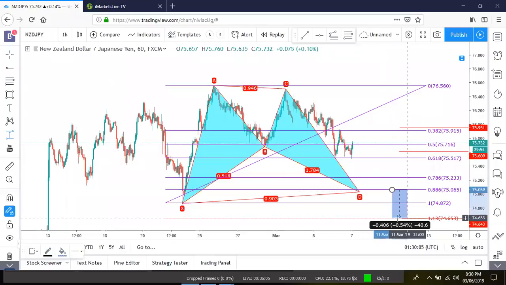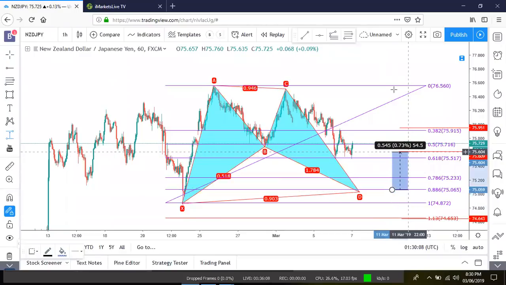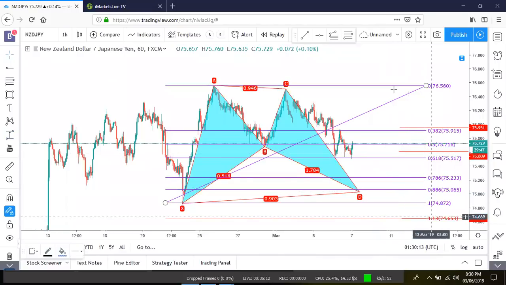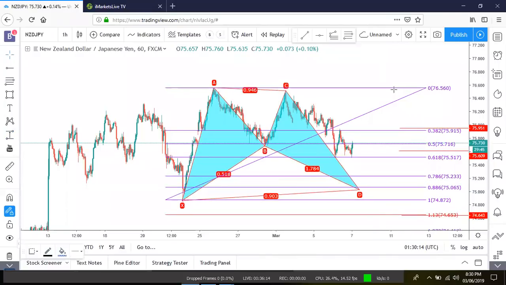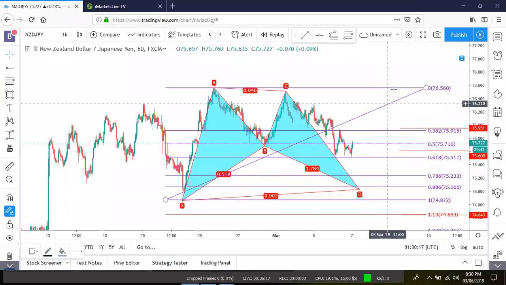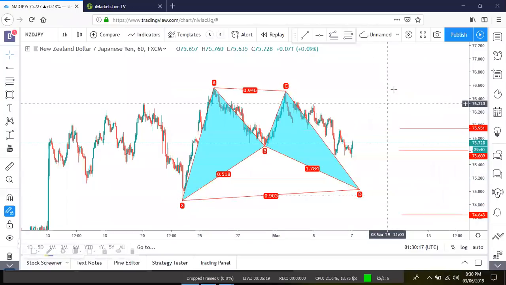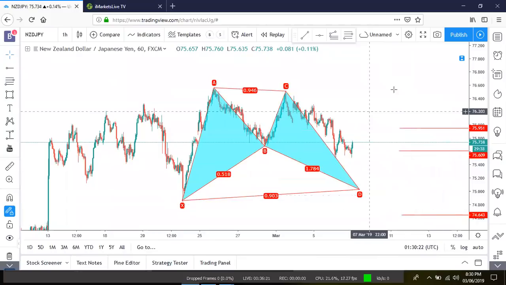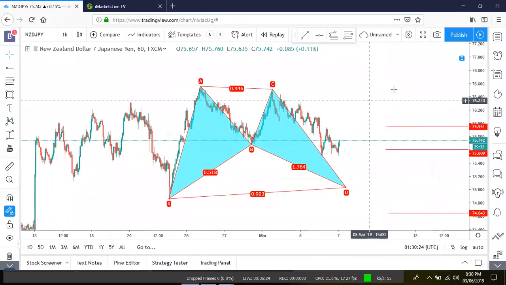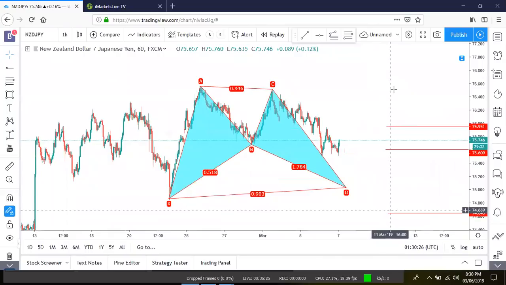So we're looking at a little over a 1-to-1 ratio for risk to reward. So now I have my stops in place and I have my targets in place. I can set my orders and go on about my day and come back later in the week and check it out, see if I hit targets or not.